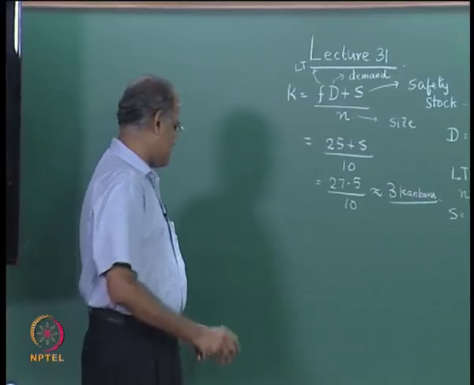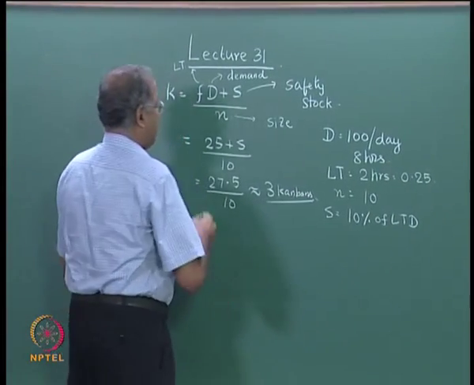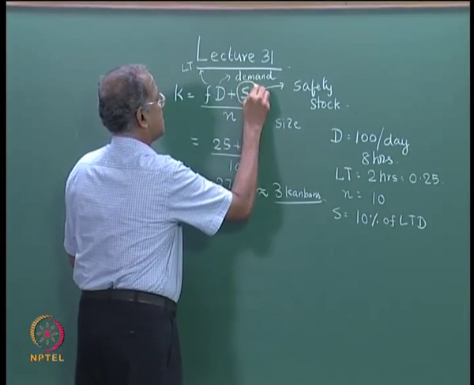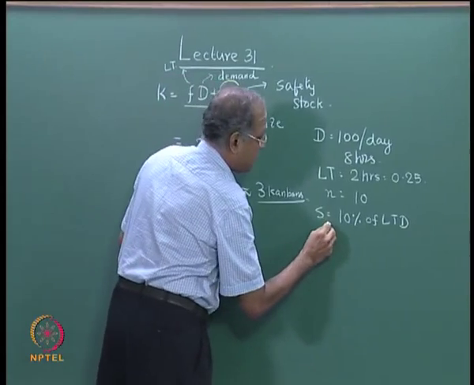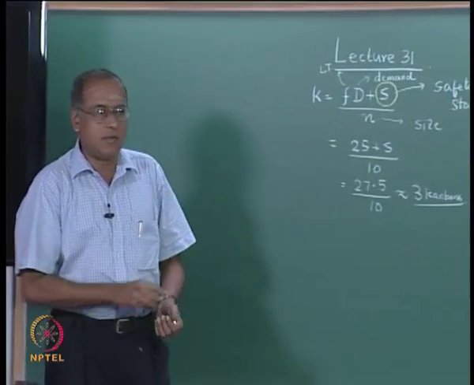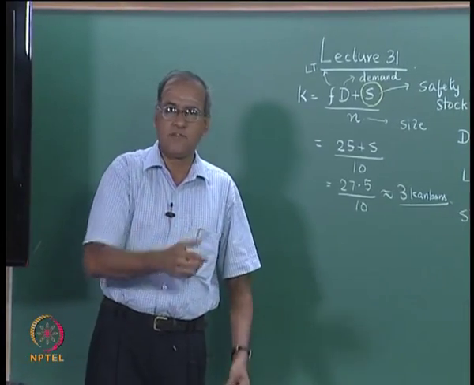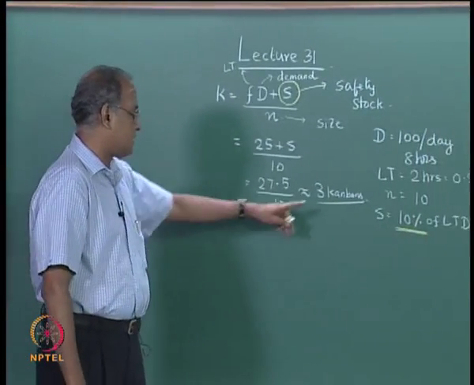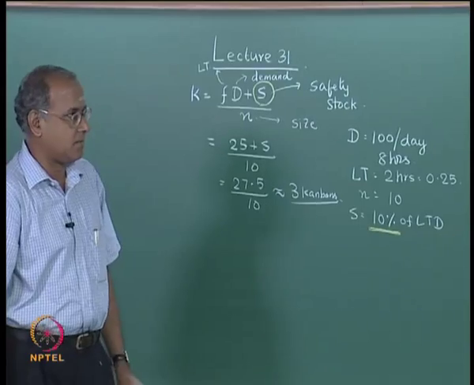So, this led us to how do we fix this S or safety, or how do we fix this 10%. If we assume a 10% safety stock, then we get 3 Kanbans in this example.